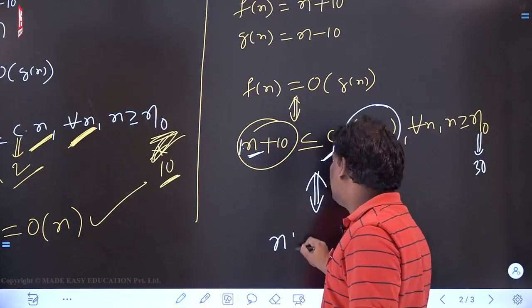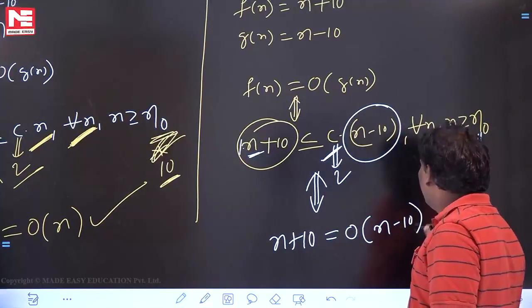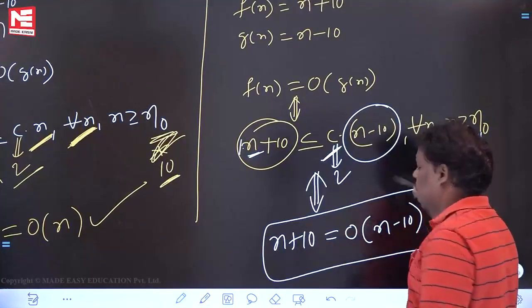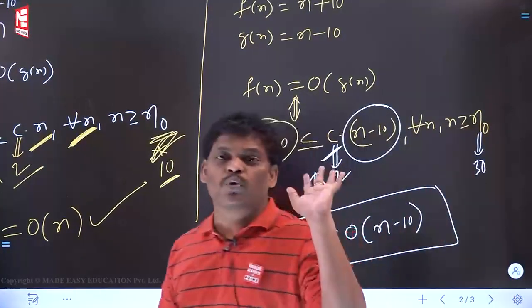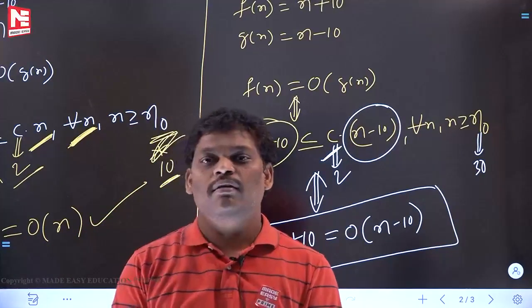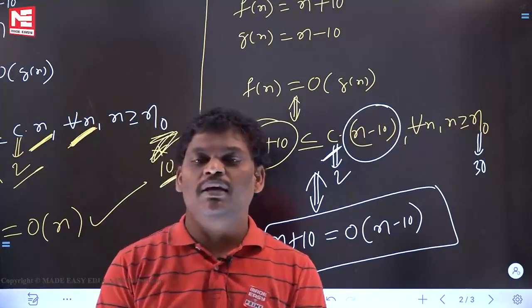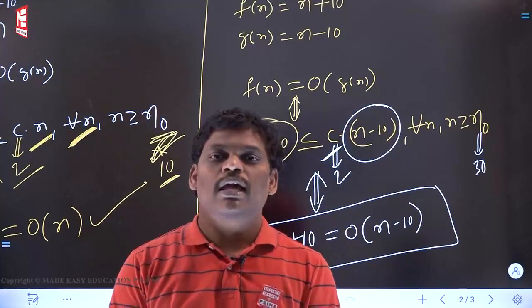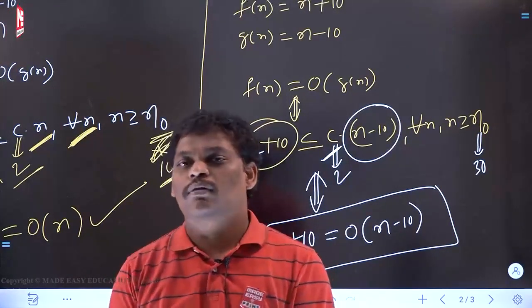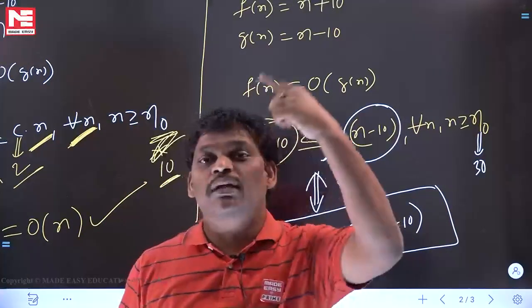So finally what can I say? N plus 10 is big O of n minus 10. Can anyone help me know what is the meaning of this line? If anyone says to you from today onwards, n plus 10 is big O of n minus 10, the meaning is comparing n plus 10, n minus 10 is bigger or equal, after taking C help. You have to say this line also, after taking C help.